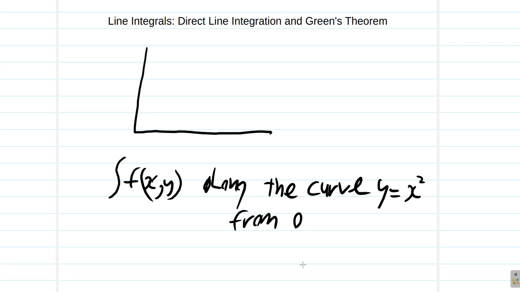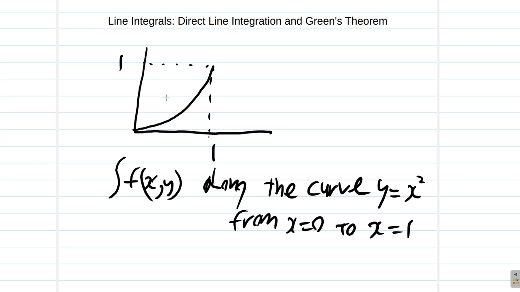From x equals 0 to x equals 1. Something like this. You have 1. This would also be 1 because this is y equals x squared.